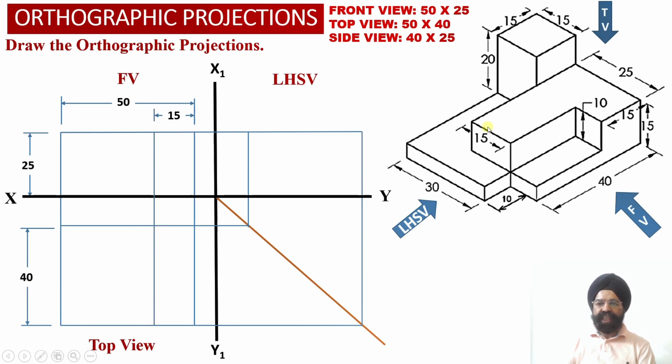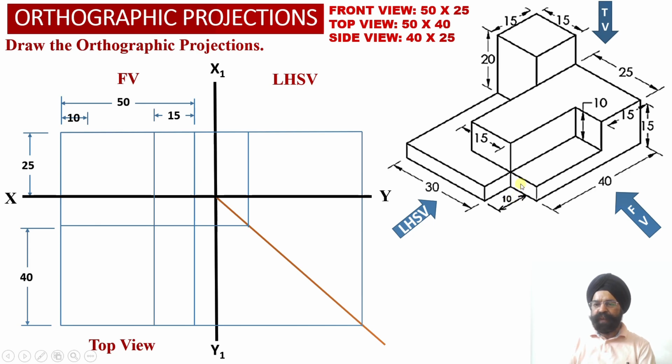Similarly, we have got this face of element number 2. So this face of element number 2 and this face of element number 1 have both coincided with each other. And how much is the distance? This distance is 10 millimeter from the left hand side face of the solid over here. So now from the left hand side face of the solid, we have measured a distance of 10 millimeter corresponding to this distance.